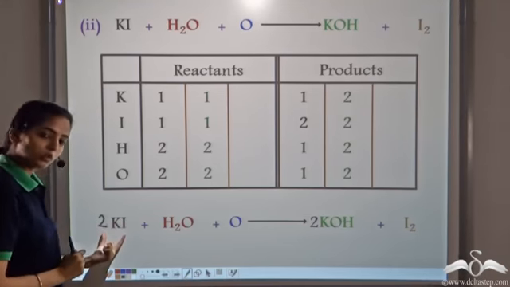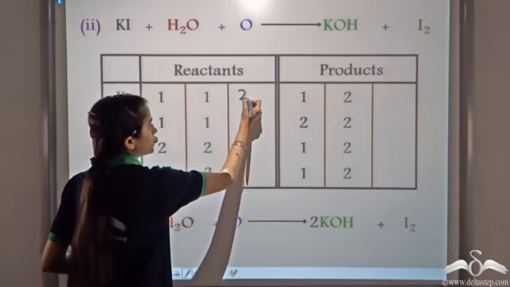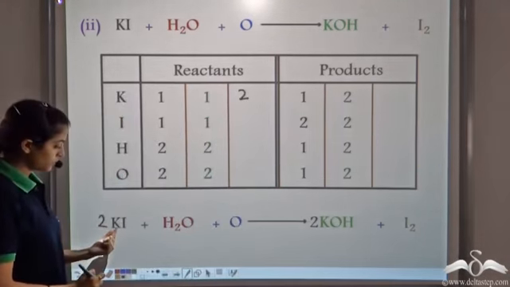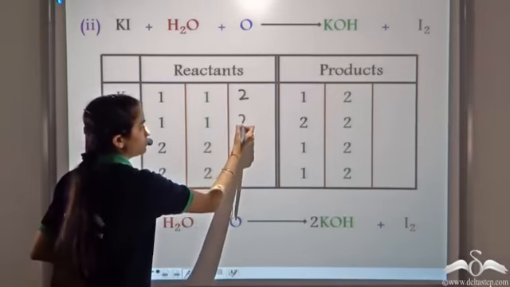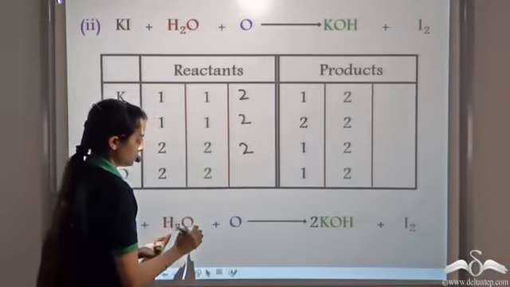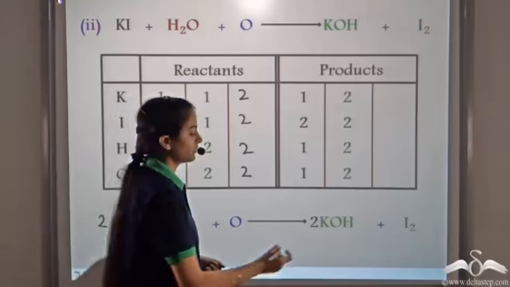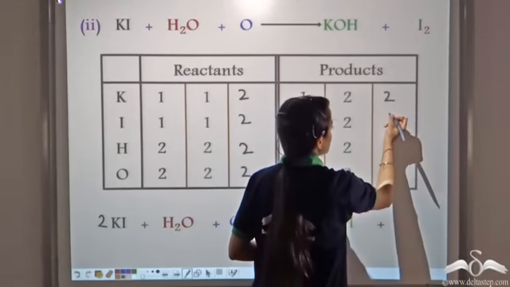So when we take 2 molecules of KI on the reactant side, now we get 2 atoms of potassium, 2 atoms of iodine, 2 atoms of hydrogen and 2 atoms of oxygen. On the product side, we have not made any change. So this remains the same.